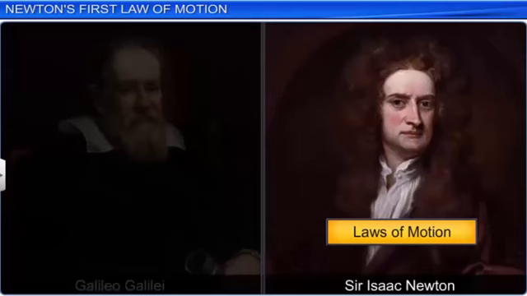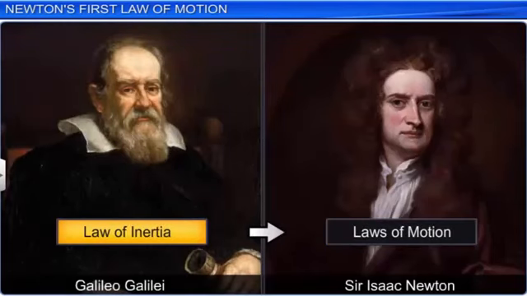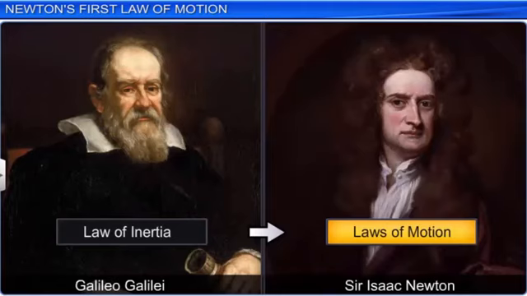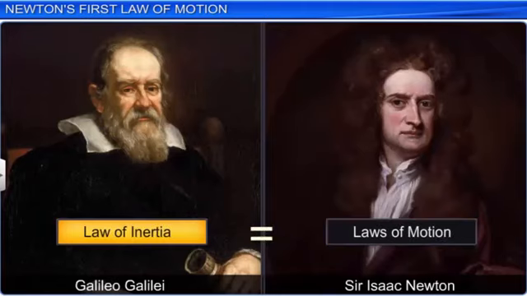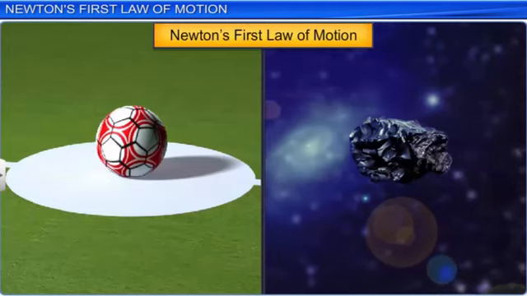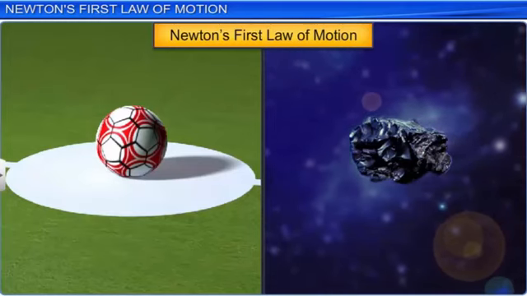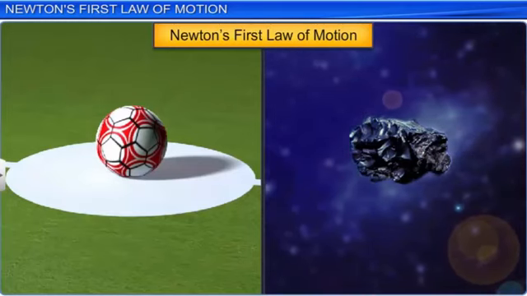Newton's laws of motion have their roots in Galileo's law of inertia. In fact, Newton's first law of motion is almost the same as Galileo's law of inertia. Newton's first law of motion states that every object continues to be in its state of rest or of uniform motion in a straight line, unless compelled by some external force to act otherwise.